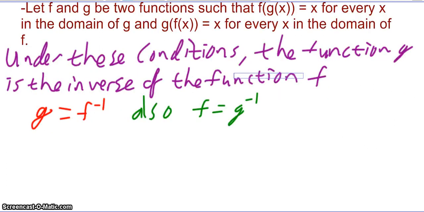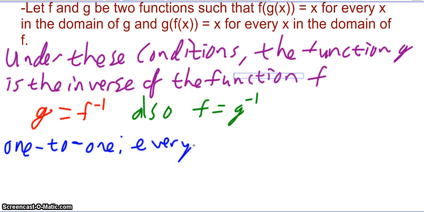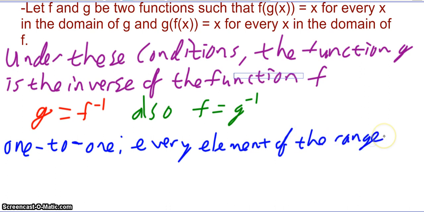Now, in order for two functions to be inverses, there need to be a few restrictions on the initial functions. One of those is that the functions have to be what's called one-to-one. What this means is that every element of the range corresponds to exactly one element of the domain.